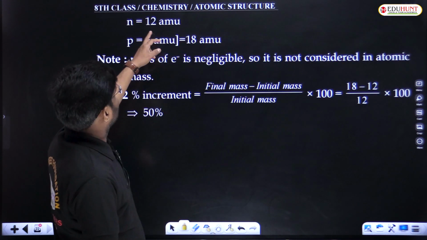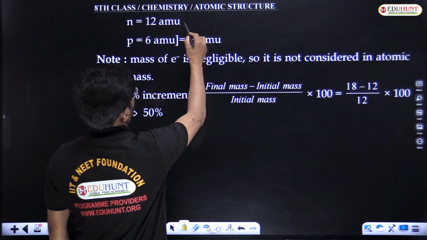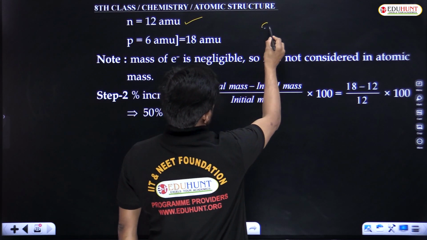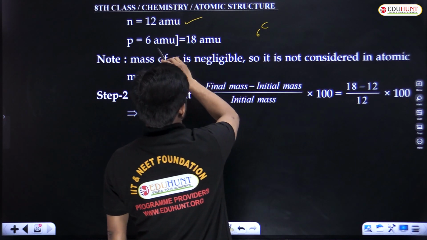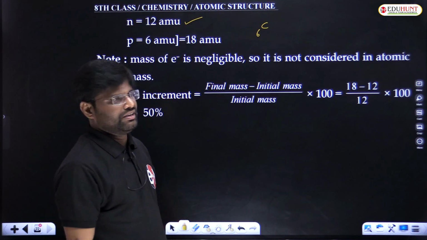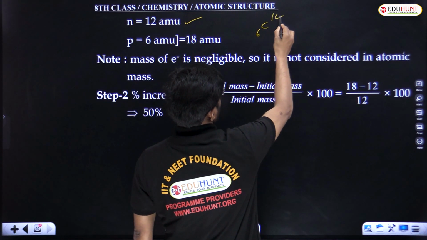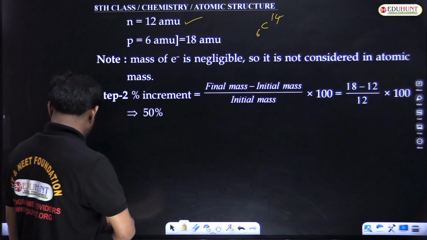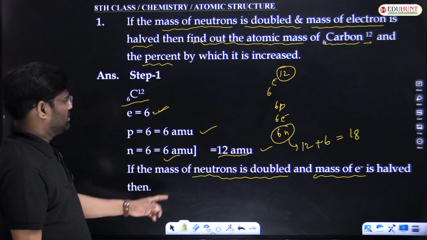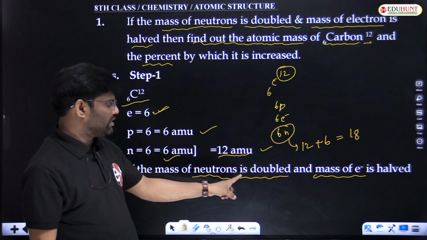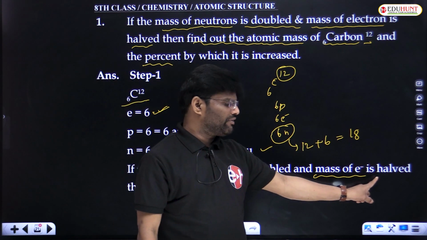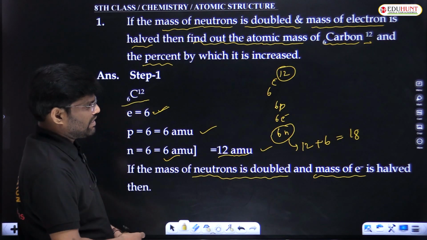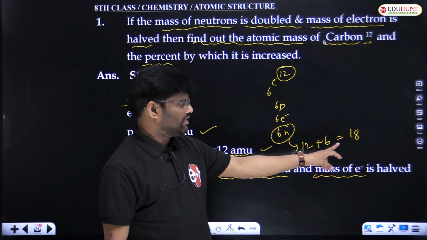Neutrons 12, protons 6 only. Protons 6 means atomic number 6 only. But here it is C 6 18. See, what is given? The mass of neutrons is double and the mass of electrons is half. Then 12 plus 6, 18.